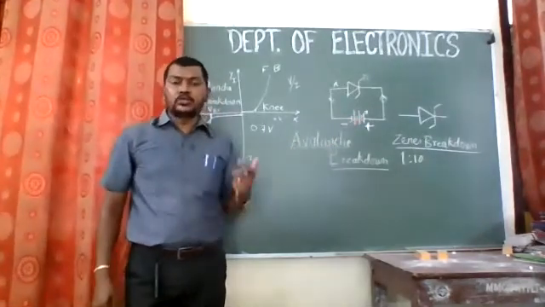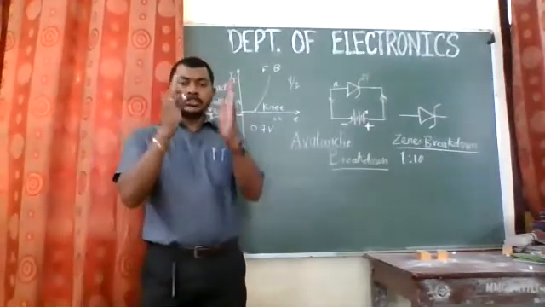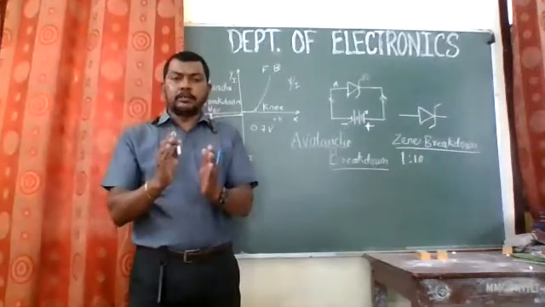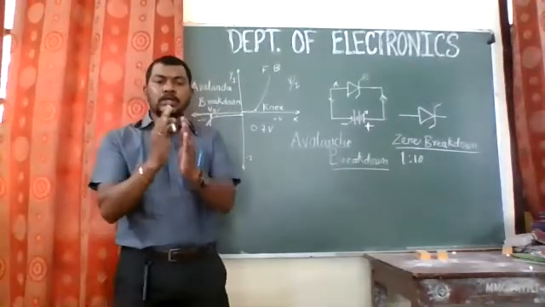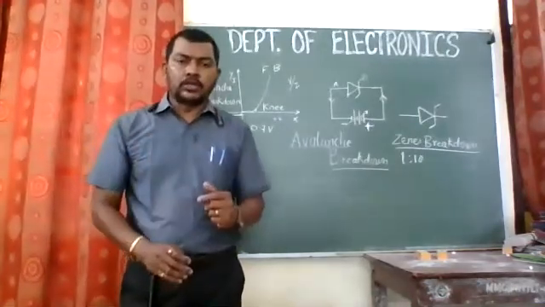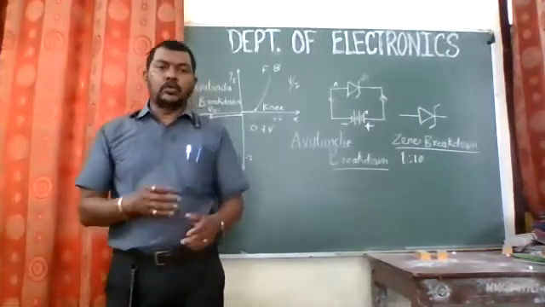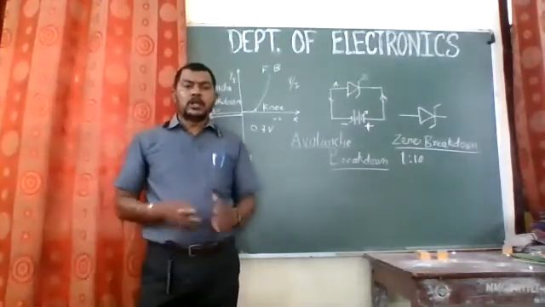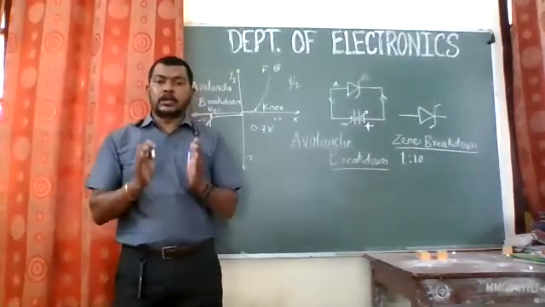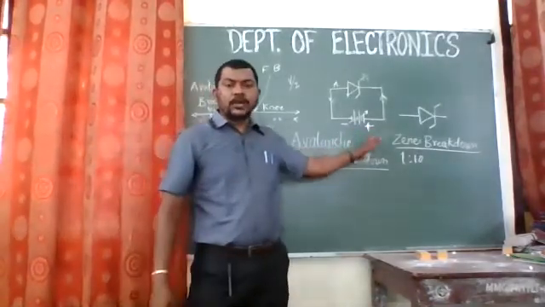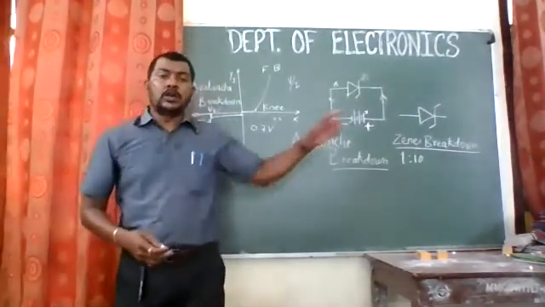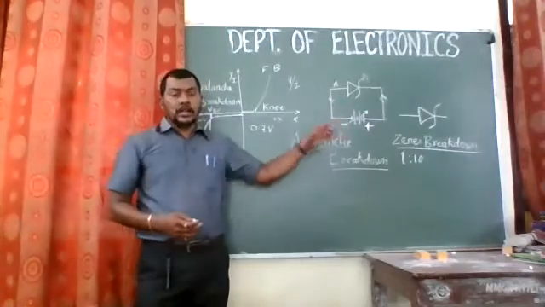When this is increased to 1 is to 10, then the depletion layer will be very small, but the strength inside the depletion layer will be very large, due to which whenever we apply the reverse voltage, there will be a breakdown at a very small voltage, say around 2.7, 1.7, or 3.7 volts. When we have a reverse breakdown at a very low voltage, that effect is called Zener breakdown, and the diodes specially designed for that are called Zener diodes, right?